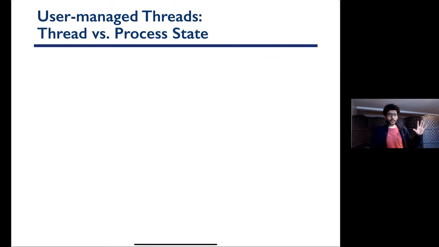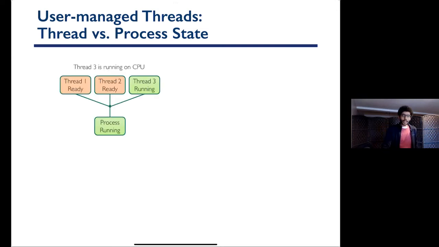Now, if the kernel does not know about threads, what could happen? Here is an illustration of what could happen. This is how the kernel is looking at these three threads, because the kernel does not know that these three threads exist.